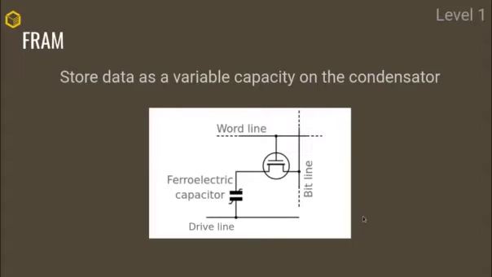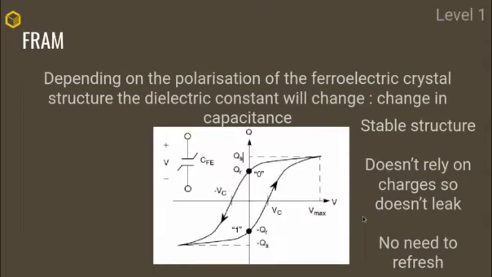Why is this? Because the main idea of FRAM is that you will adjust the polarization of your ferroelectric crystal structure by polarizing it in one way or the other.